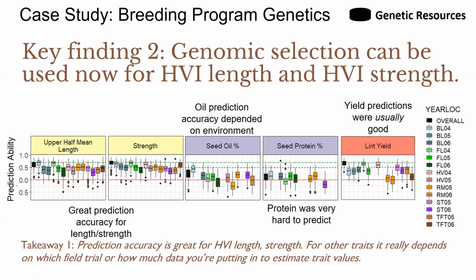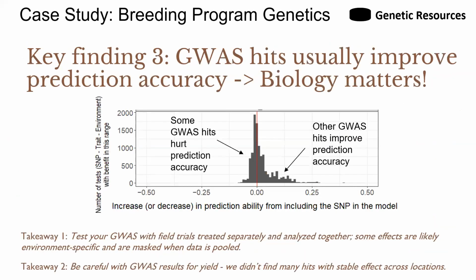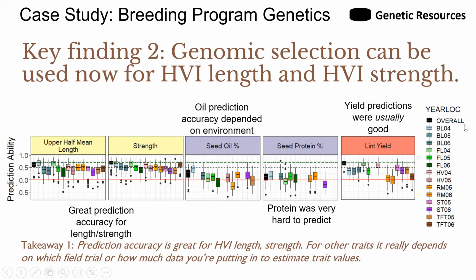But overall, it really depends on what field trial or how much data you're putting into the estimate of your trait values. You can see the overall in the black box in each of the plots on the left. In general, if you look at the other environments versus the overall, if you're able to run this number of field trials, you always get the best prediction accuracy by using the combined mean.